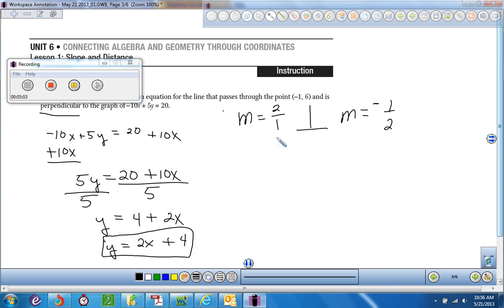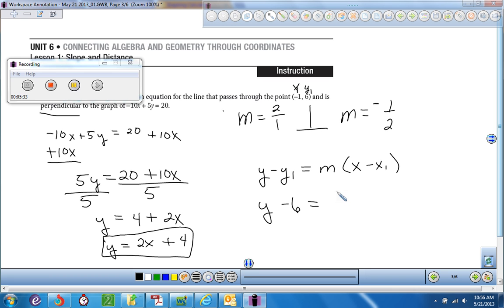Now we'll do the same process as we did before. We're going to use the point-slope form of the equation, which is y minus y1 is equal to m times x minus x1. We know the y, again, y is the second one, x is the first one, so we'll take 6, plug it in.